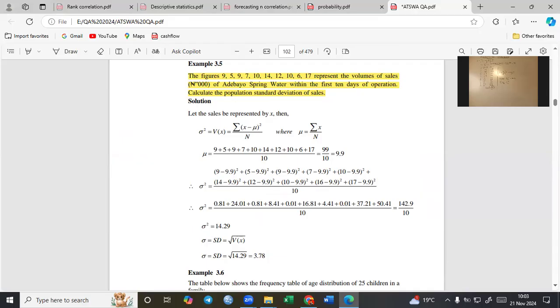Here I got 142.9. Oh, that's it, we have a difference. That is 7.21. Is that correct? That's 7.21 from the question.